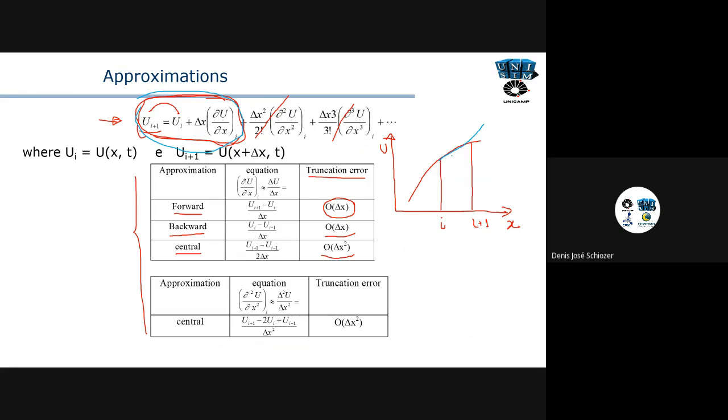This second part is an approximation for the red line, assuming that these two terms are 0. Of course, if the distance between I and I plus 1 is very small, this is a very good approximation. But if the distance between I and I plus 1 is very big and the variation is very significant, then these terms can be high, and then I have a bigger truncation error.